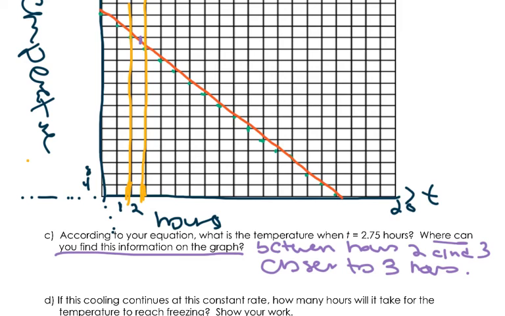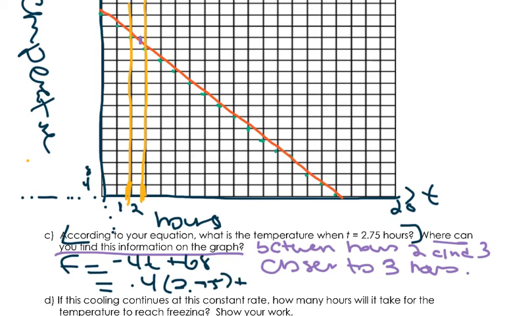Okay? Now, according to the equation, what is the temperature when T is equal to 2.75 hours? Well, let's plug it right into our equation, which is F equals negative 4T plus 68. If we plug this in, T is 2.75, plus 68.